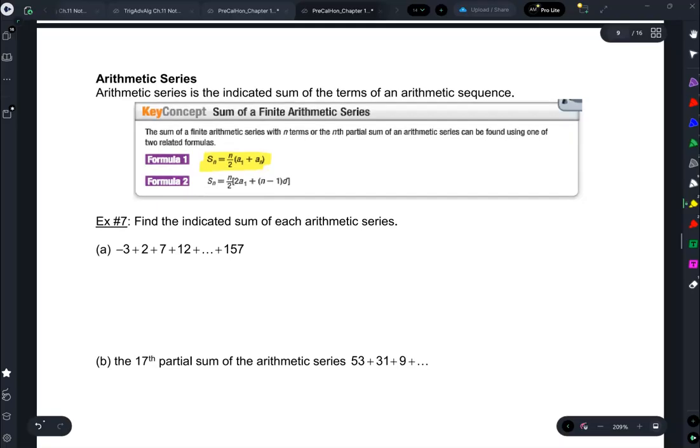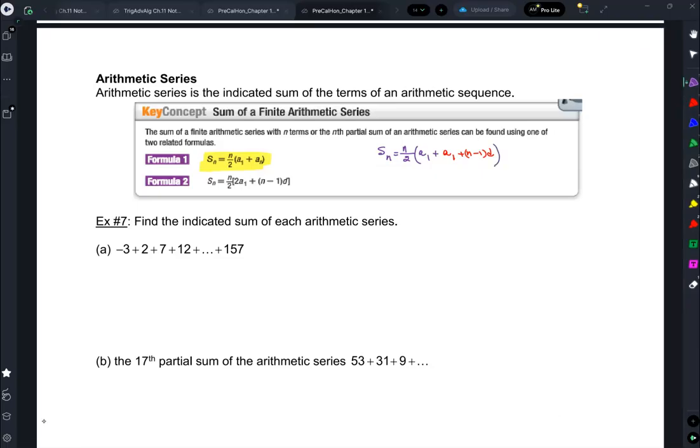But look at what happens here. S sub n is n over 2 times a1 plus an, right? What was the an that we just learned about? An is a1 plus n minus 1 times d. Do you remember?